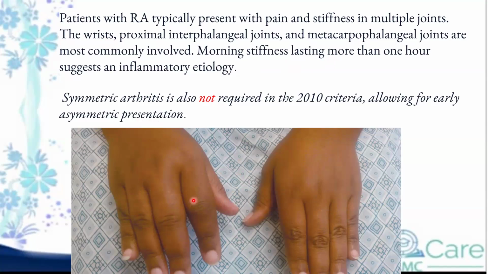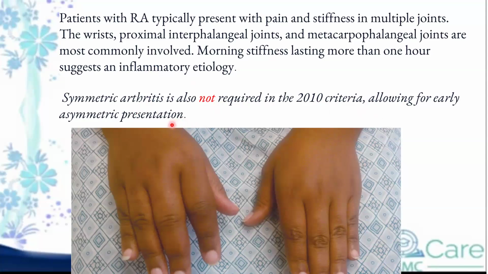So proximal joints. And morning stiffness of more than 1 hour suggests an inflammatory etiology, right? So it could be any inflammatory arthritis if they tell you morning stiffness is more than 1 hour. Symmetric arthritis is also not required according to the 2010 criteria, allowing for early asymmetric presentation.